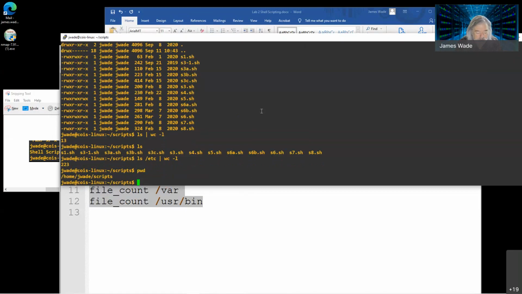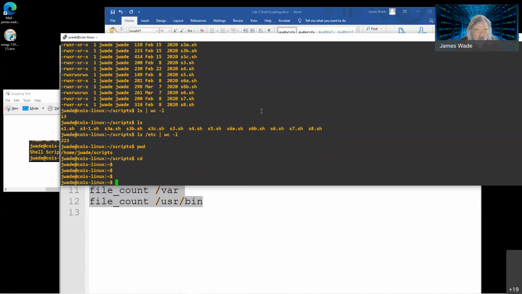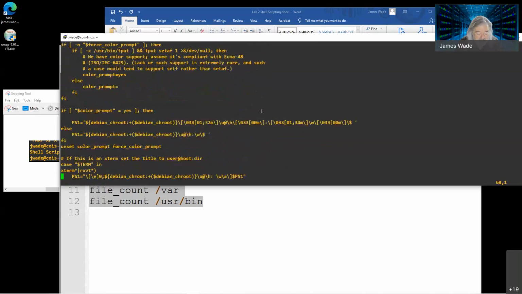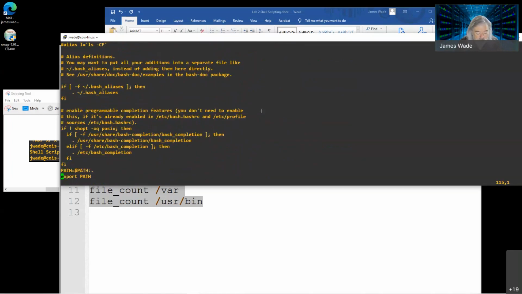So, some of the things that I saw where it didn't work. One of the things that I mentioned to folks, and I'm going to mention it again, is vi your .bashrc, and at the end of the bashrc, add this in, folks. PATH equals the dot. If you don't have the dot, it doesn't search your directory. I saw 1 or 2 folks where they were trying to run the script and it said file not found.